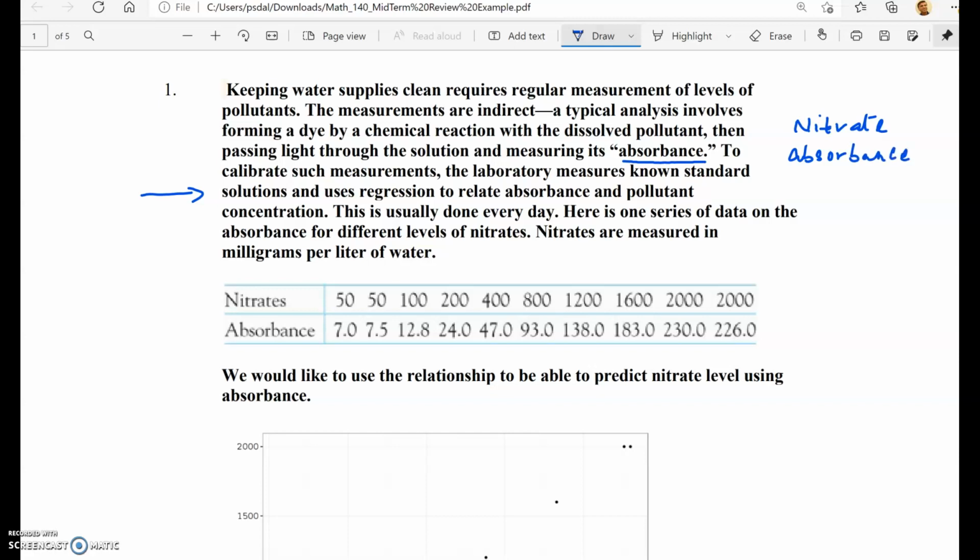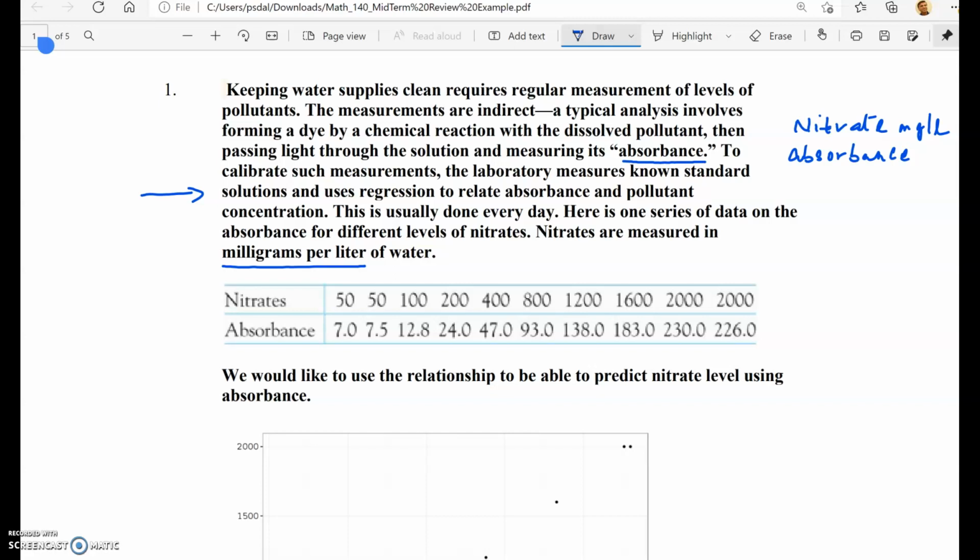So these are the two variables. So this is usually done every day. Here is one series of data on absorbance for different levels of nitrates. So nitrates are measured in milligrams per liter, so mg per liter.